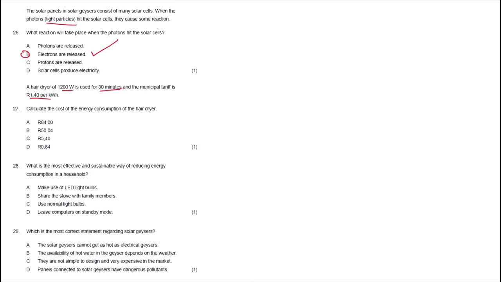We first need to convert these minutes into hours, because remember we are dealing with kilowatt hours, meaning that our time needs to be in hours. And how do we convert from minutes to hours? We divide by 60. So we'll say 30 minutes divided by 60 and we'll get 0.5 hours.